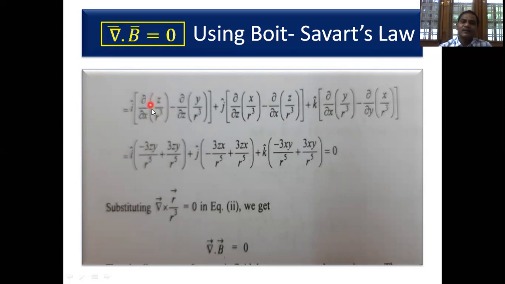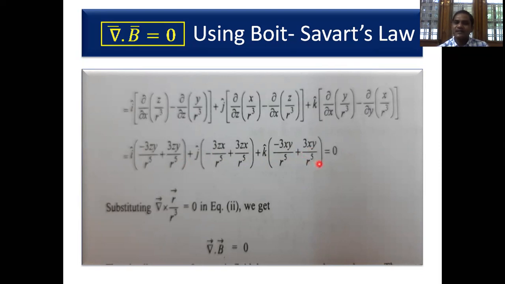With the partial differentiation, where you consider r equal to x square plus y square plus z square whole power of one half, we'll get i cap into minus 3zy by r power 5 plus 3zy by r power 5, plus j cap into minus 3zx by r power 5 plus 3zx by r power 5, plus k cap into minus 3xy by r power 5 plus 3xy by r power 5.